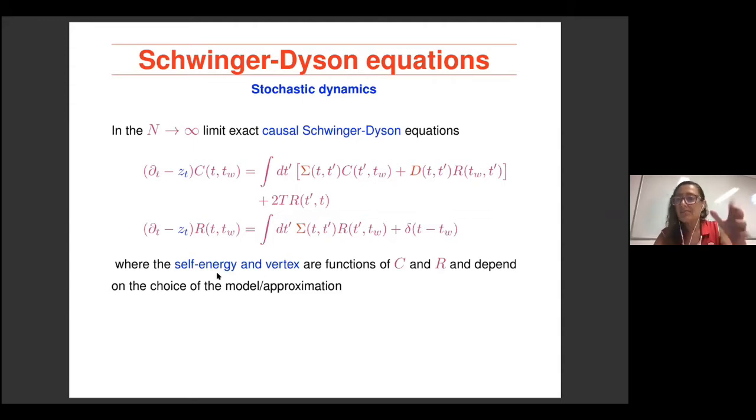And because of the fully connected character of the graphs, or the large d dimensions, you can make saddle points on these generating functionals and go ahead, and then in the end you derive these Schwinger-Dyson-like equations that couple correlations and linear responses through integration over time derivatives which come from the Langevin dynamics, and some kernels that in general you don't know, but for these particular models you can compute.